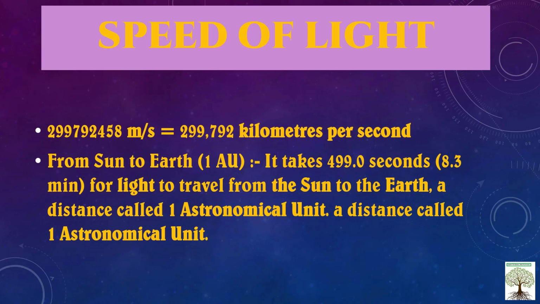The distance from the sun to the earth is known as 1 astronomical unit, or 1 AU. It takes only 499 seconds, that means 8.3 minutes, for light to travel from the sun to the earth. This is the speed of light, 3 multiplied by 10⁸ meters per second.